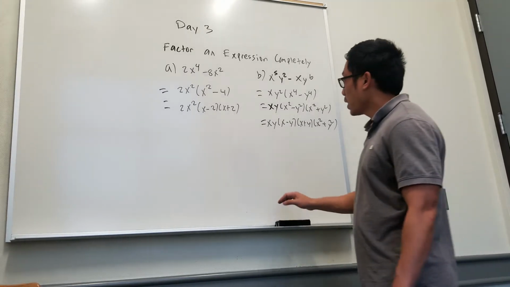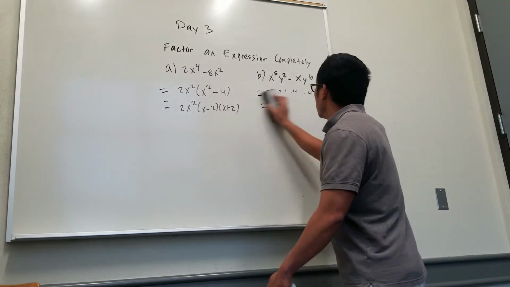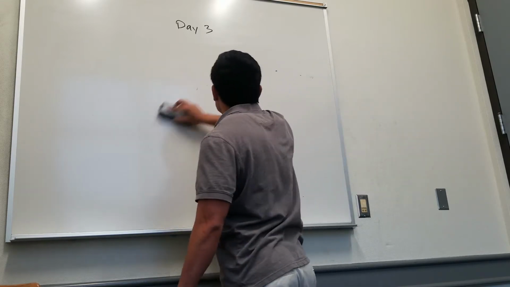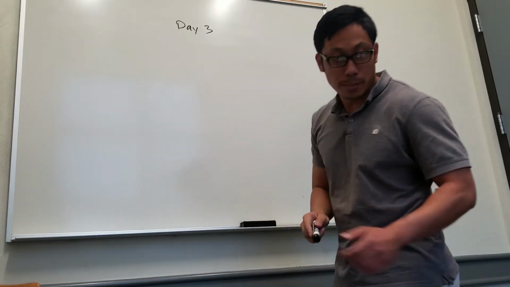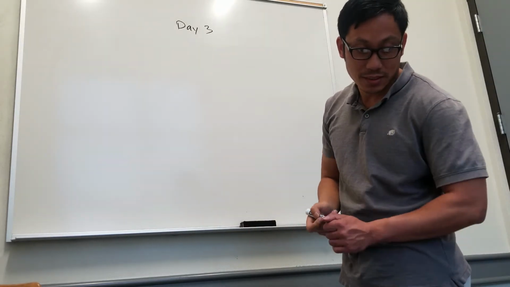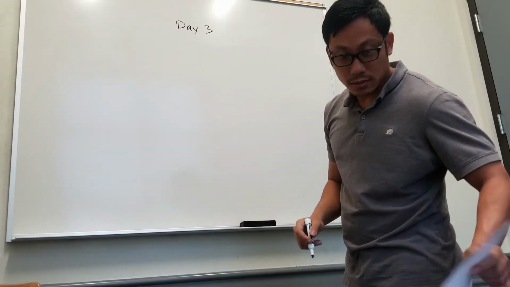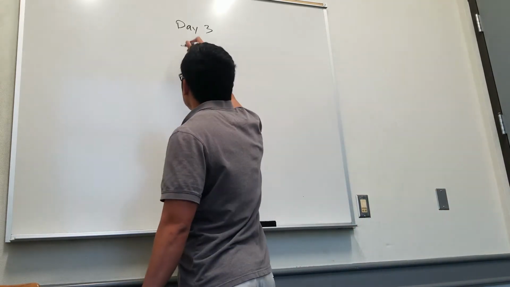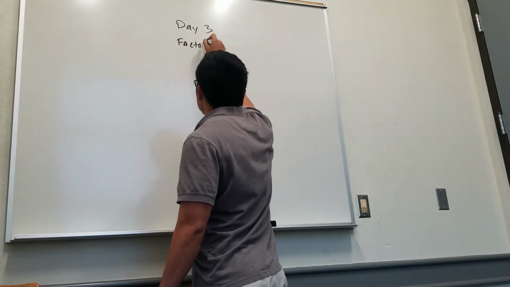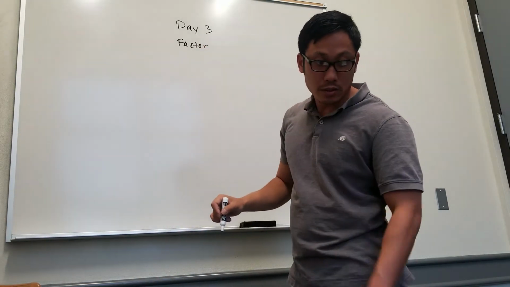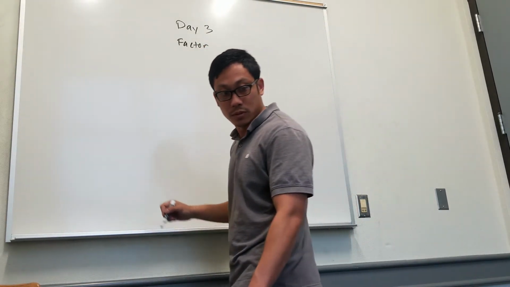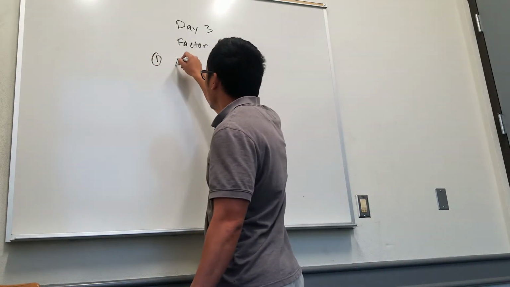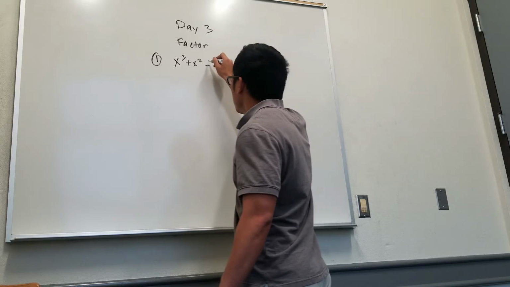So let's do some practice problems. We're going to factor first. Basically what we're doing is factoring, like we've been doing the whole time. So let's do number 1, x cubed plus x squared plus.